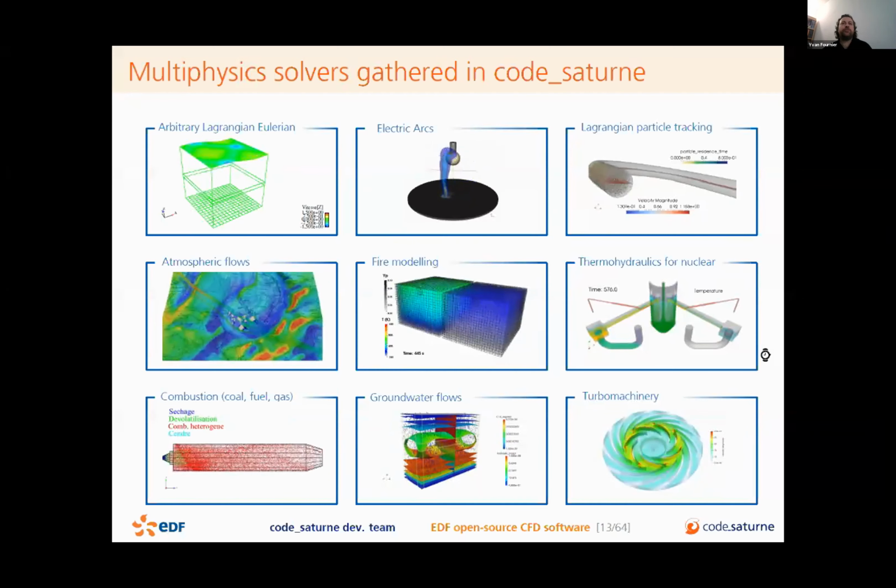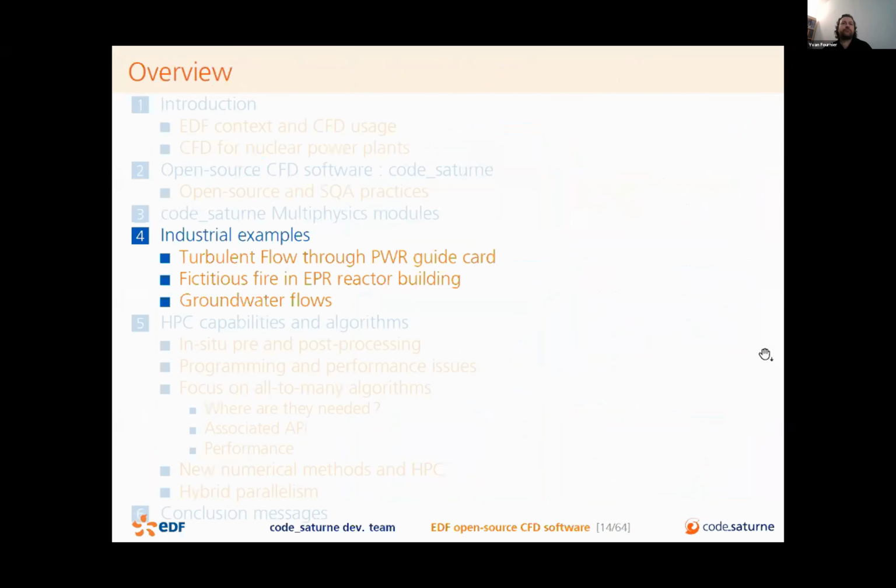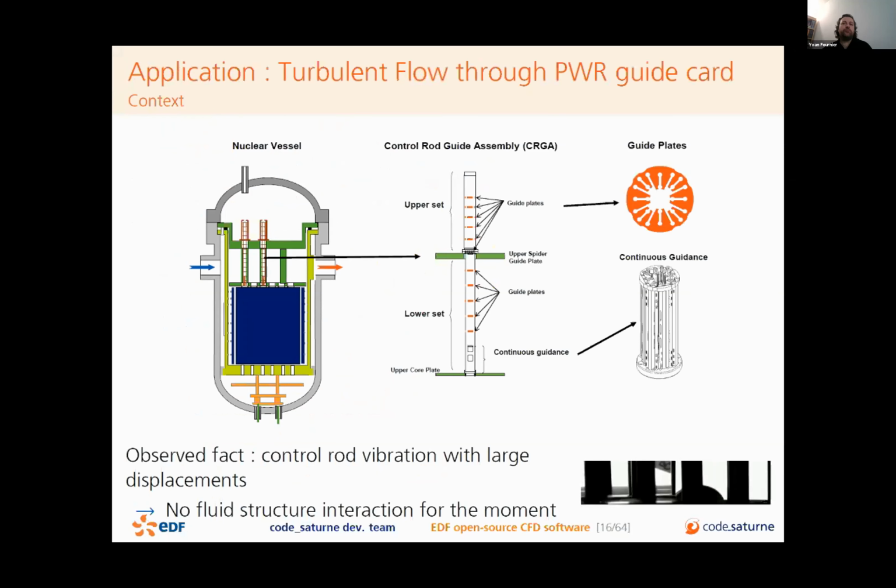Some turbomachinery aspects, etc. And a few industrial examples, for example, is some turbulent flow through a pressurized water reactor guide card, where we observed that some control rod vibration with large displacements could also lead to premature wear of some components, which means you had to change them and refit them more often than necessary, or at least than initially planned.